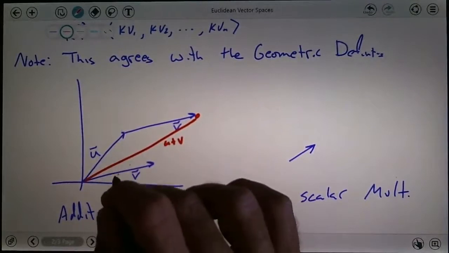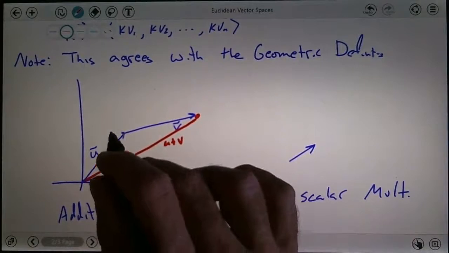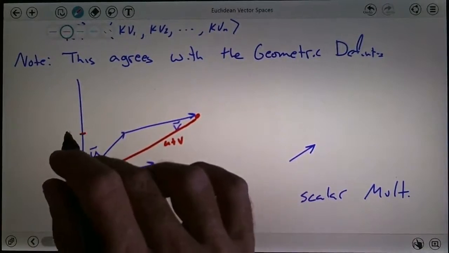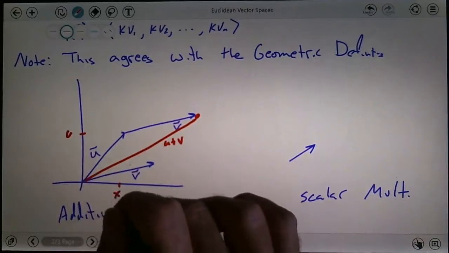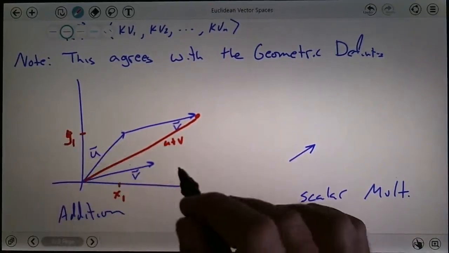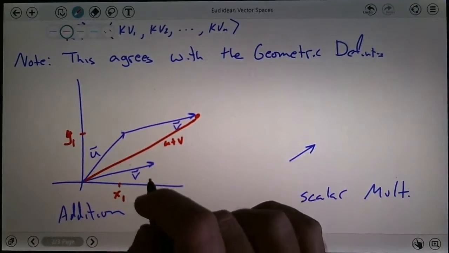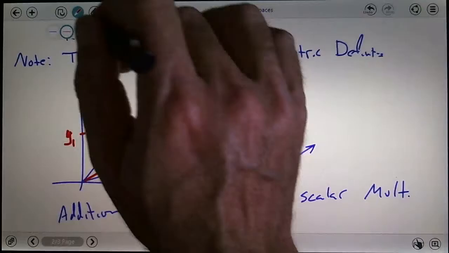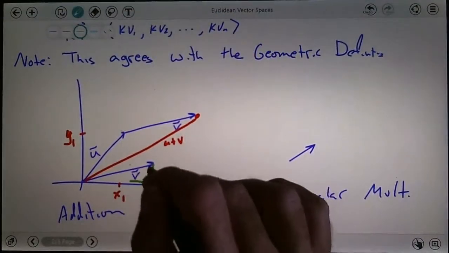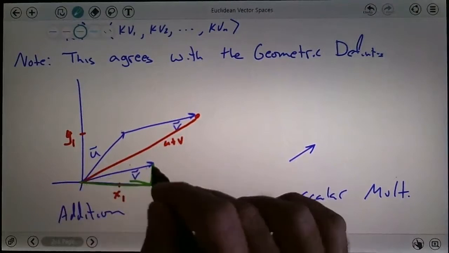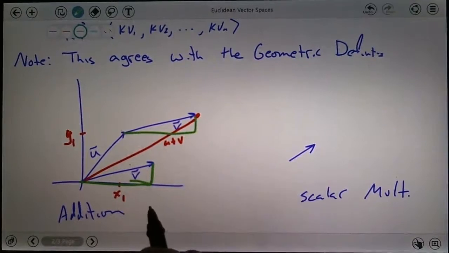Well, if I know the coordinates of u, the x and the y coordinates, let's say x1, y1, and I want to add on to it the coordinates of v, just look at this. Think about this triangle right here. As I pick up v and move it, that just moves right over to there.